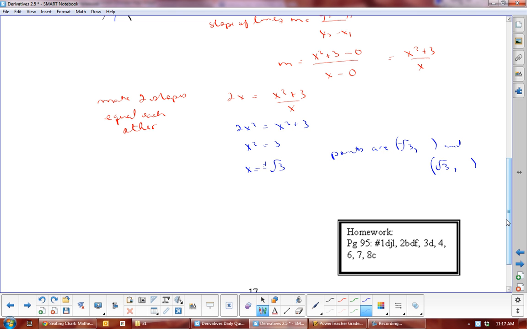So negative root 3 squared plus 3 equals 6, and root 3 squared plus 3 equals 6. So the points are negative root 3 comma 6 and root 3 comma 6.